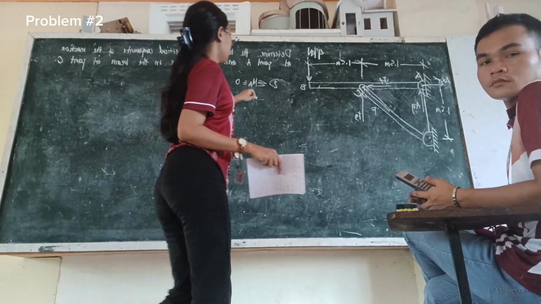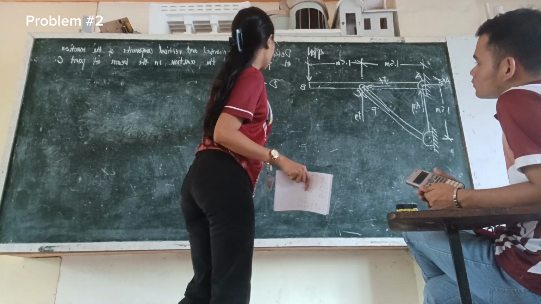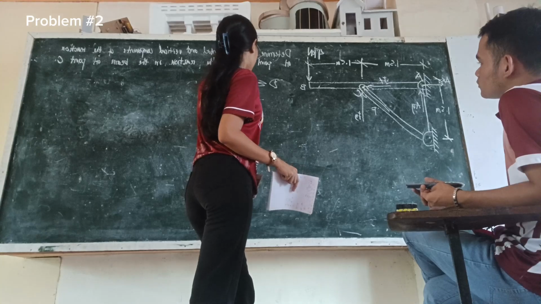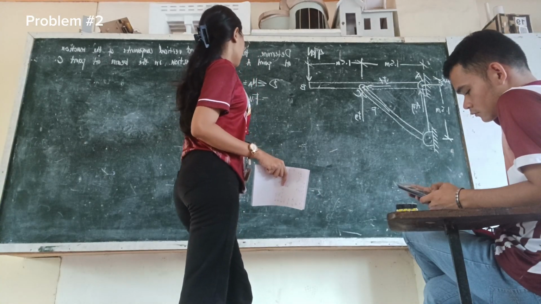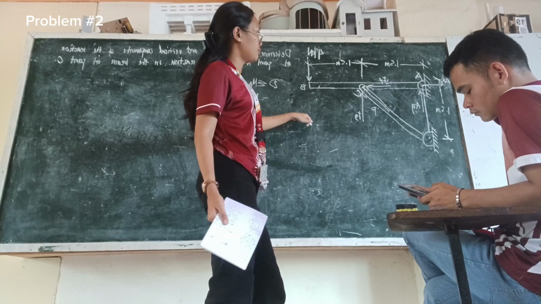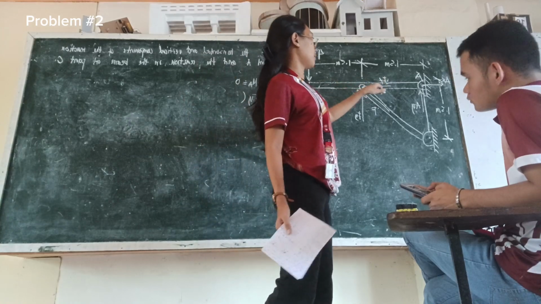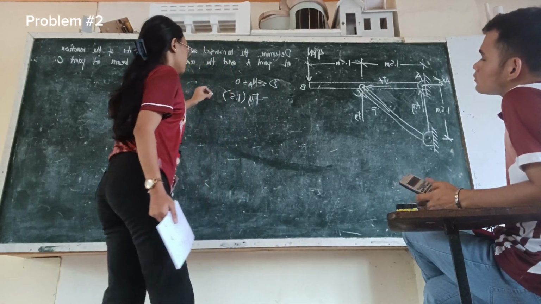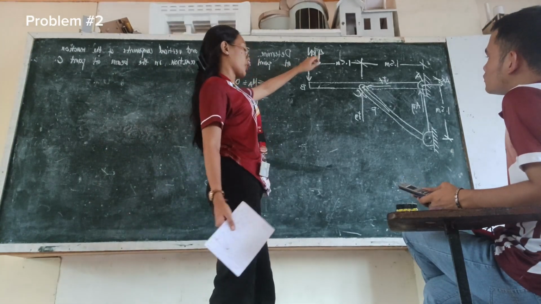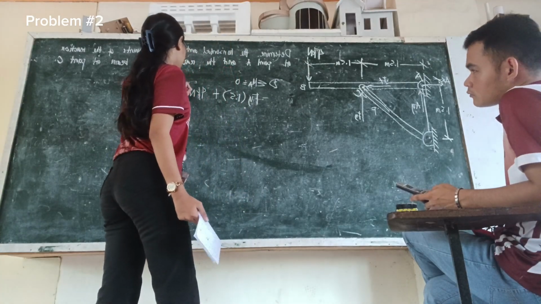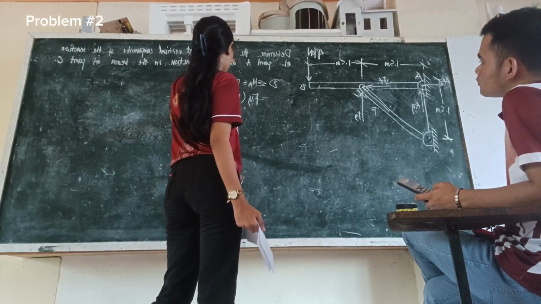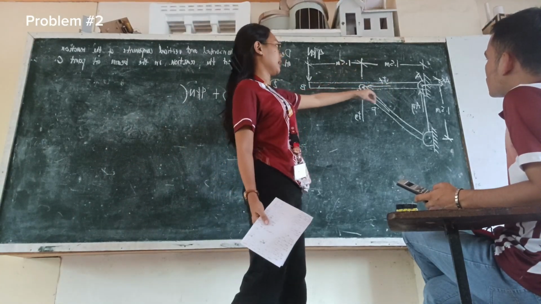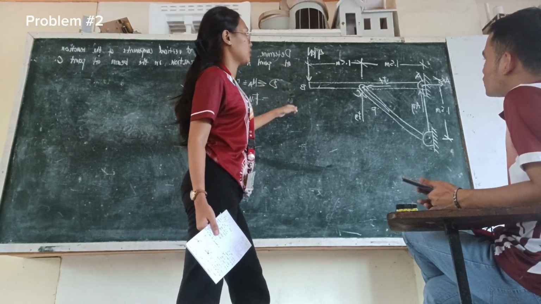So negative Fy, since it's in the fourth quadrant, Fy is negative, times the distance of point C to point A, which is 1.5 meters, plus the 4 kN force times the distance from point B to point A, which is 3 meters.